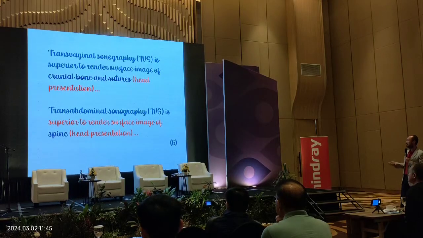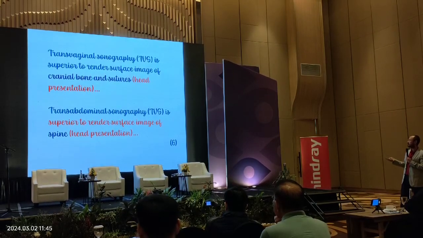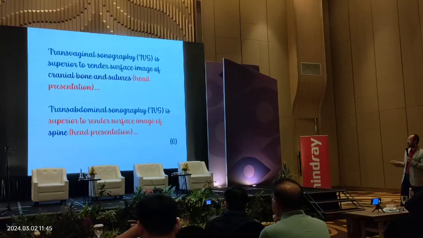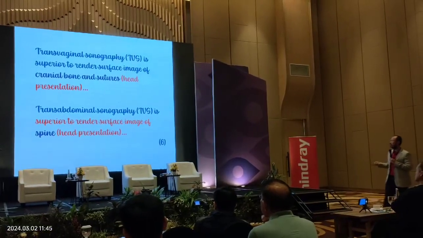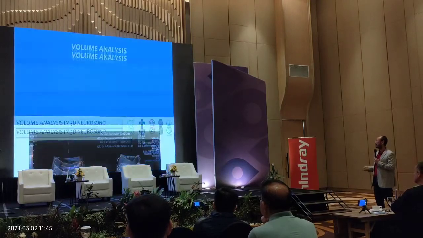Transvaginal sonography is superior to transabdominal if we want to see the spine, and if we want to see the cranial bone, sutures and head presentation. Transvaginal is superior for making a render image. The last one, the volume analysis.